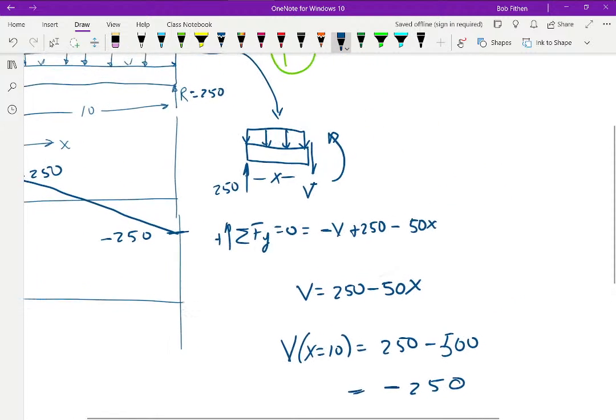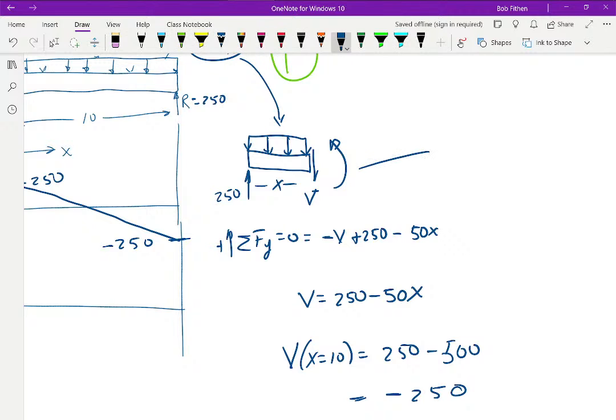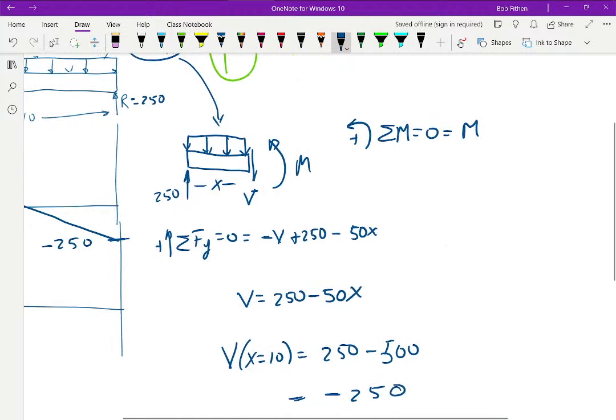Now, let's look at the moment here. Well, I don't need to draw the arrow here. Here's your moment. So sum the moments equaling 0. Go ahead and make this plus, would be M minus 250 times x.